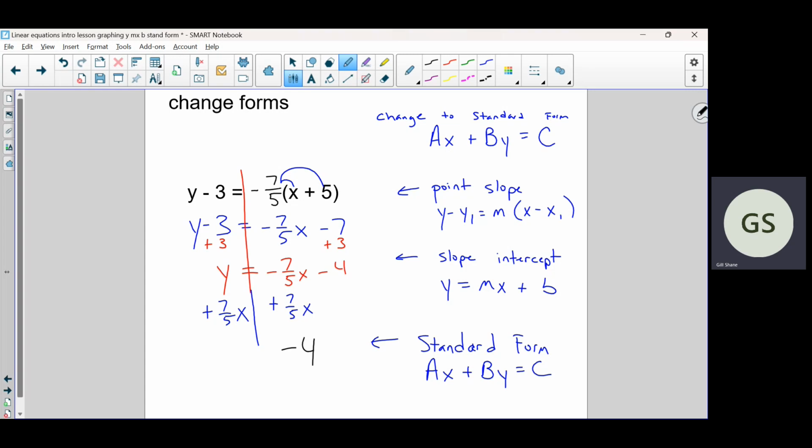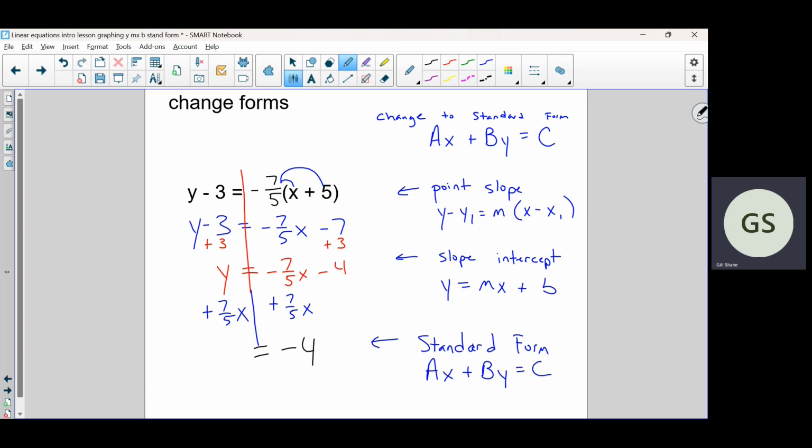And now all we have is a number on the right. What is now on the left? What do we do with that Y plus 7/5 X? Yeah, we just bring it out. That's it. Just like you can't combine an unknown variable with a number, you can't combine an unknown variable with another unknown variable. It just winds up being in this format.